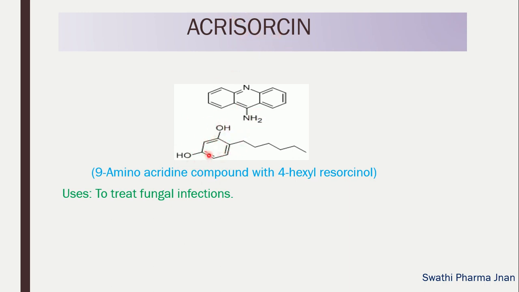Resorcinol structure contains a phenyl ring with OH groups at meta positions. To this resorcinol structure there is a side chain, a hexyl group. So we can simply call it 9-aminoacridine, the ninth position aminoacridine compound, with 4-hexylresorcinol. It is used to treat various fungal infections.